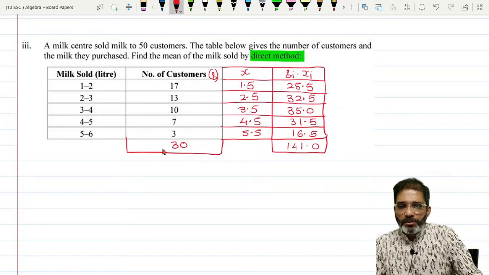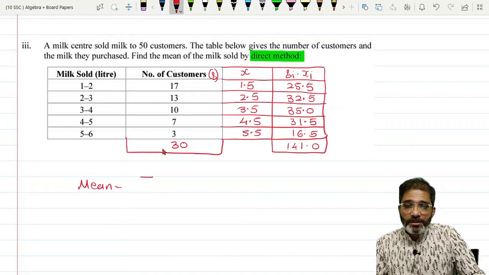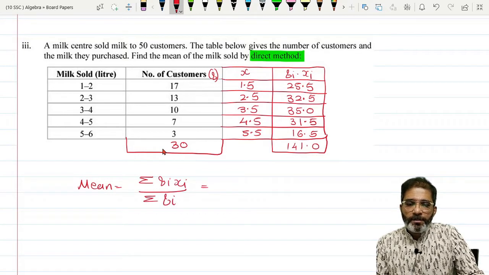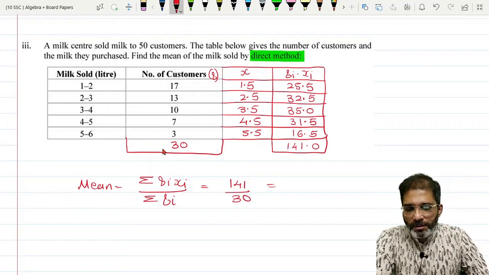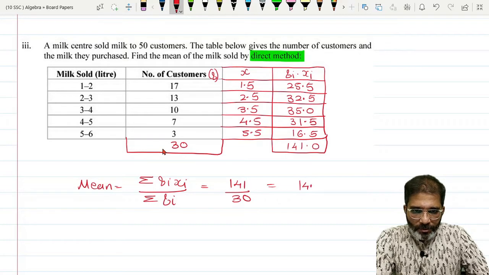Okay, so the formula for mean by direct method is summation of fi xi upon summation of fi. So that is 141 upon 30. Now no need to write down the decimal, so I will remove the decimal first.